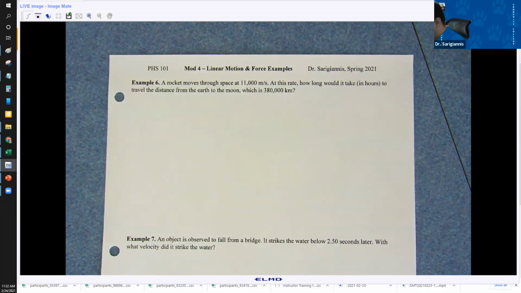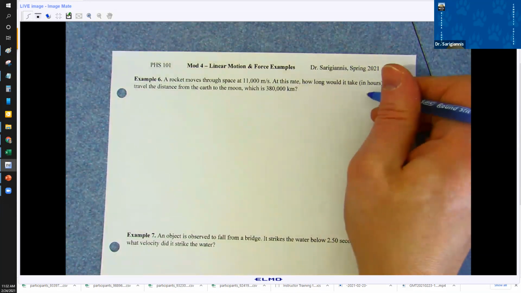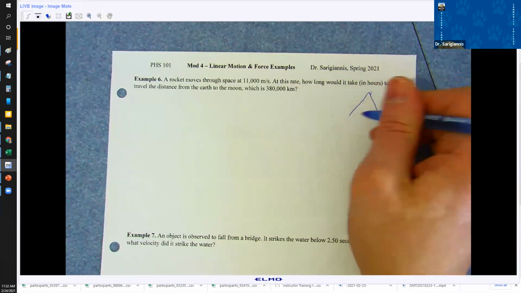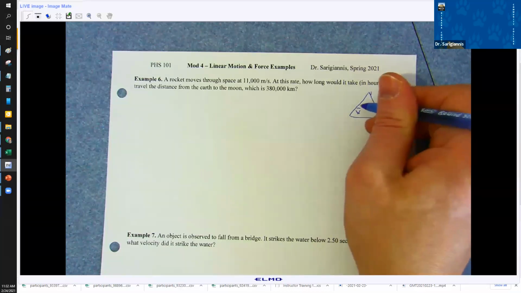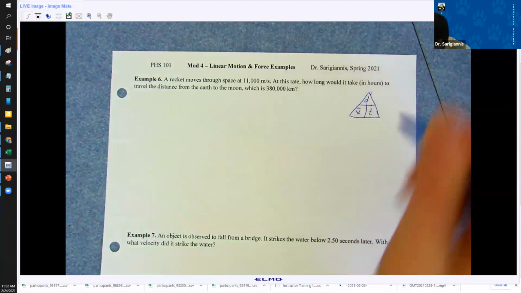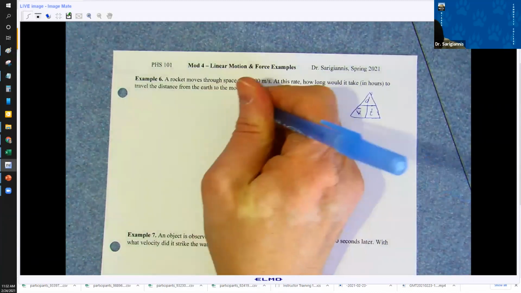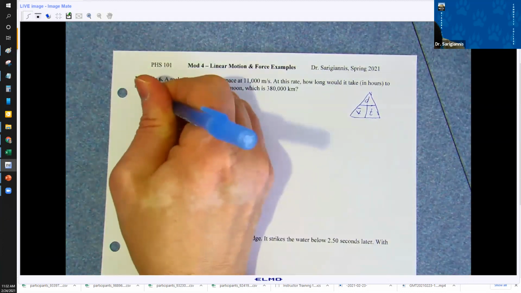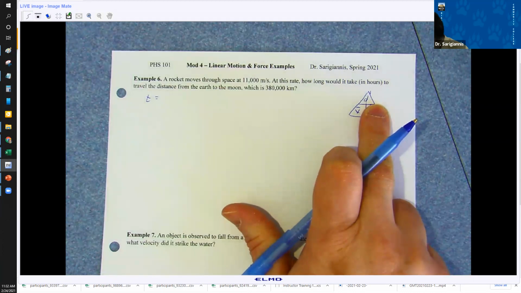Yeah, so let's just write out what we have here. Remember, we know from our triangle that V bar is distance over time. So we want time, right? T equals D over average speed, right?